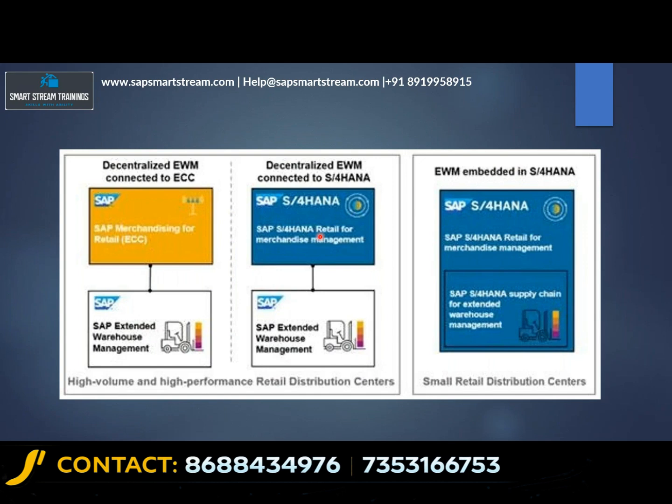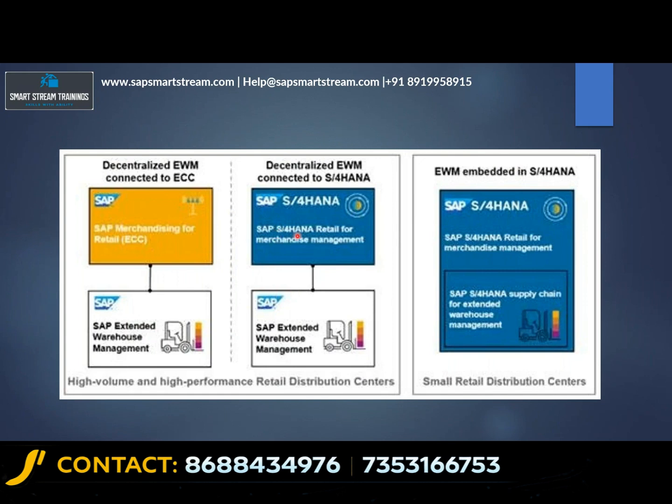Some businesses still choose to have a separate system, not to include EWM in their system, but to have EWM as a separate system. Why do they want this, when we can have it all in a single go?